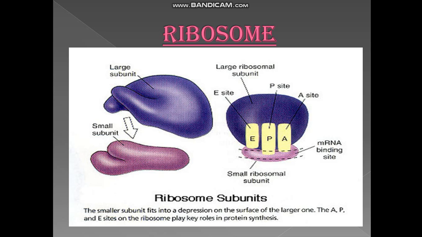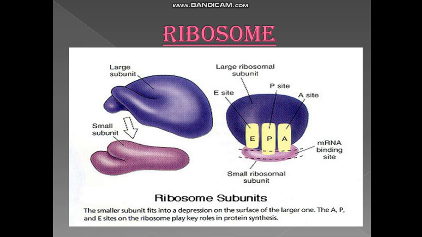When the transfer RNA has passed on the amino acid to the chain at the P site, it exits from the ribosome from the E site. Can you understand the sequence, from right to left or maybe left to right? It all depends on the structure, but the sequence remains the same. The amino acid site, then the peptidyl site and the exit site, from where the empty transfer RNA exits this whole ribosome structure. Clear?